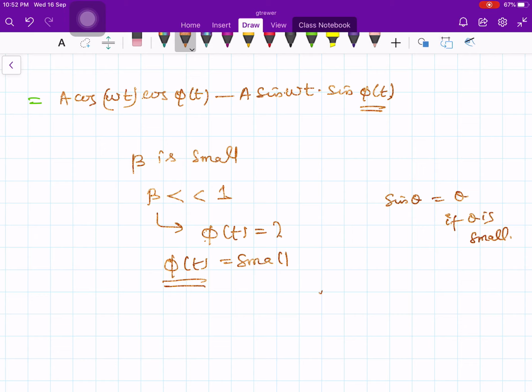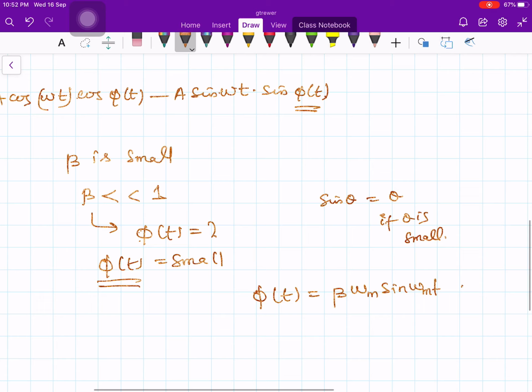In general for an FM signal, phi(t) is equal to beta times sin(omega_m t).